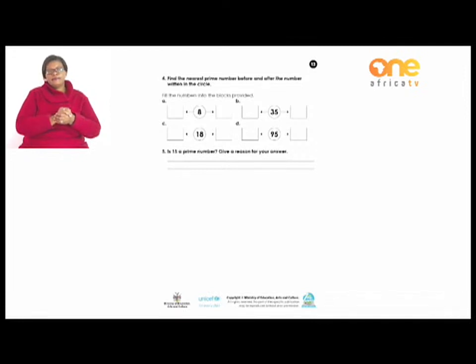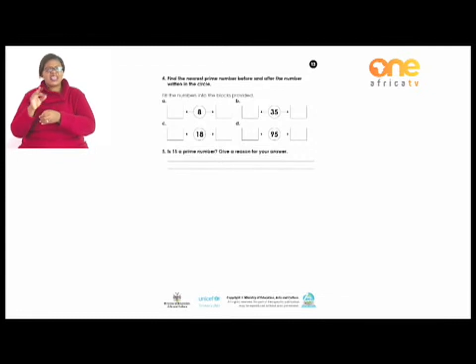Let me just help you a little bit there at A. The nearest prime number before 8 will be 7. Are you getting it? But the nearest prime number after 8, be careful, it's not 9. Why?